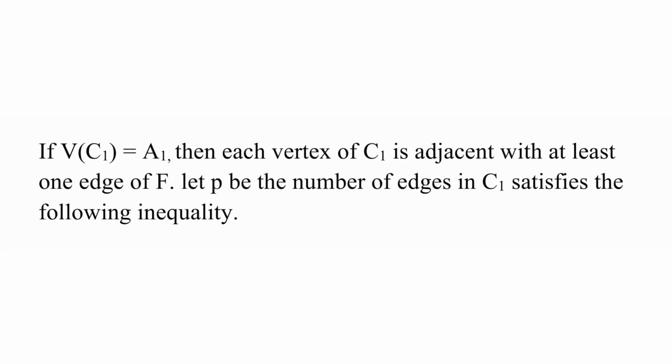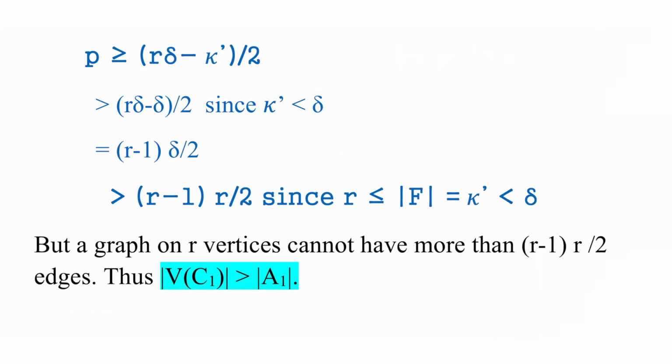Then p ≥ (rδ − κ')/2 > (rδ − δ)/2, since κ' < δ, which equals (r − 1)δ/2 > (r − 1)r/2, since r ≤ |F| = κ' < δ. But a graph on r vertices cannot have more than (r − 1)r/2 edges.